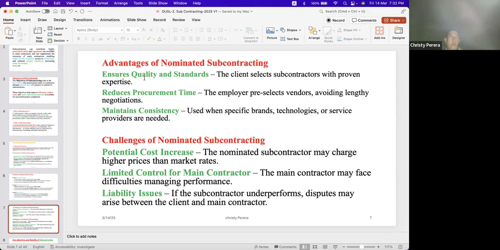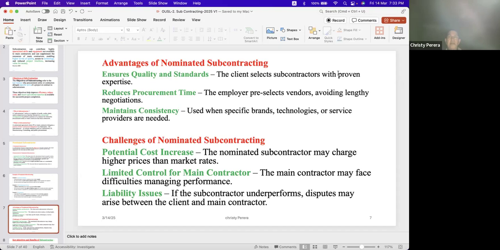This is one of the advantages and one of the requirements. I'll have to justify to my superiors how I am going to select this man. As I told you, I may have selected him through some other procurement process.